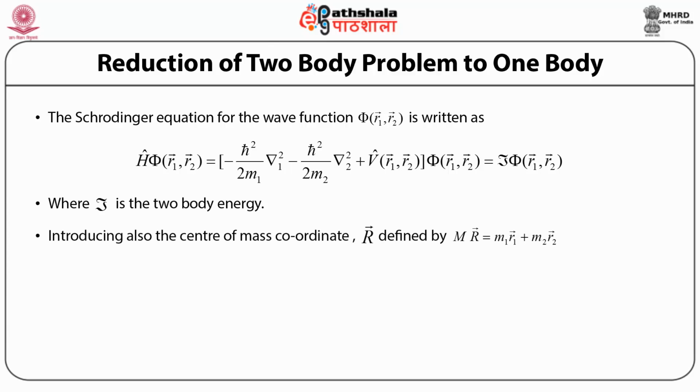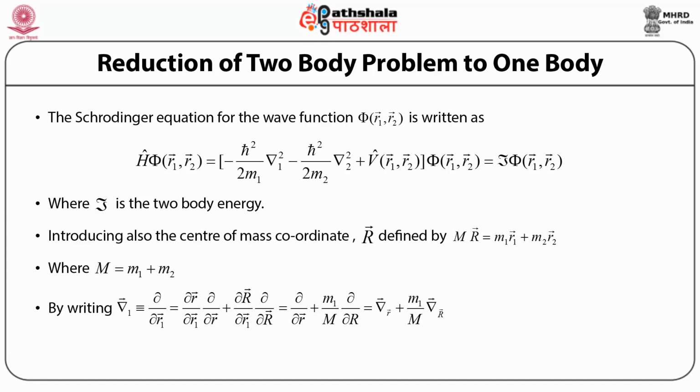Now introducing also the center of mass coordinate capital R vector, which is defined by M R vector equals m1 r1 vector plus m2 r2 vector, where capital M equals m1 plus m2.